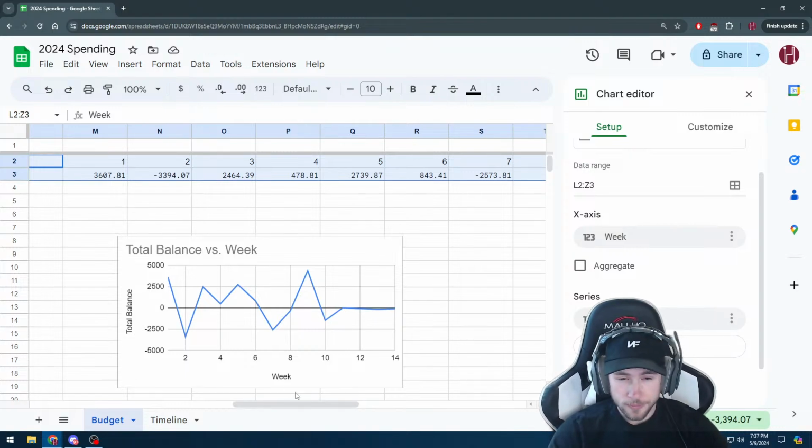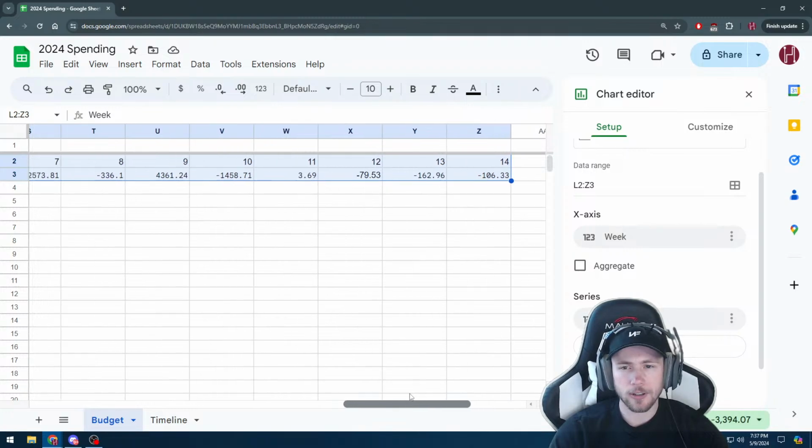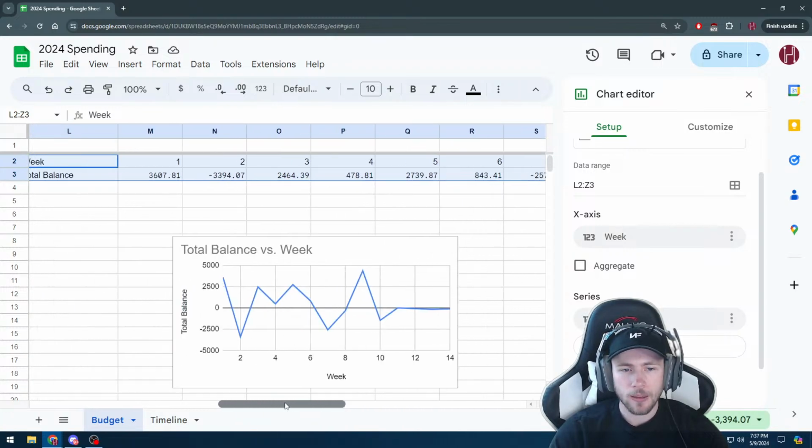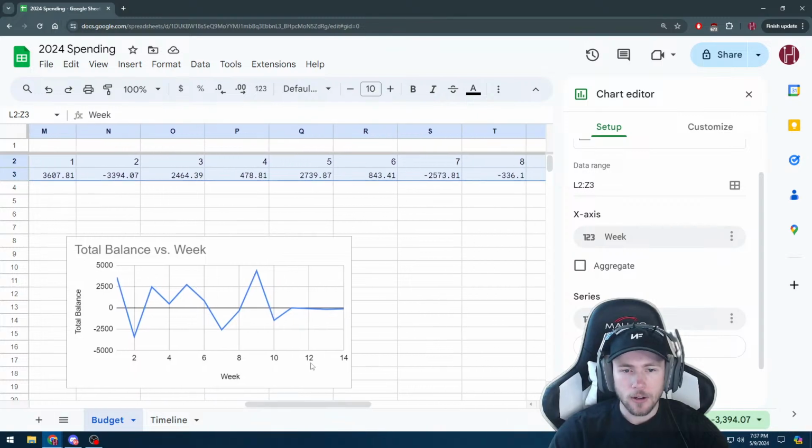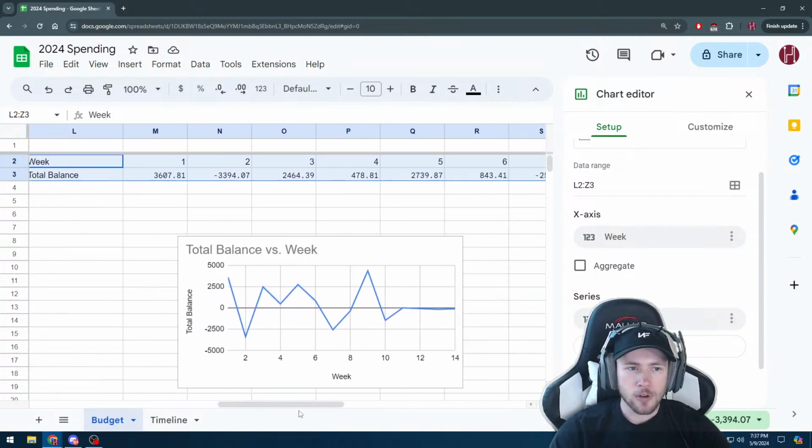I mean, it's not accurate because we're missing a bunch of stuff, but it is kind of nice to see. Although, I mentioned this in a past video, we'd like to see a line trending upward, because this is the total balance.